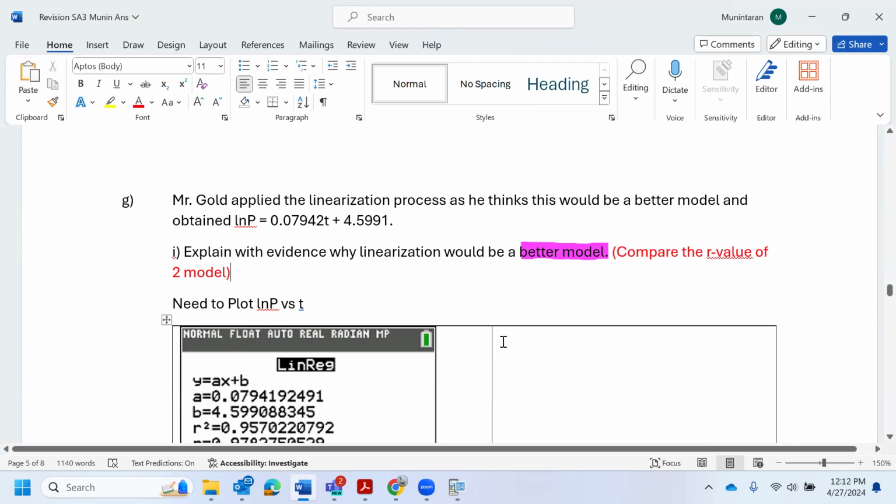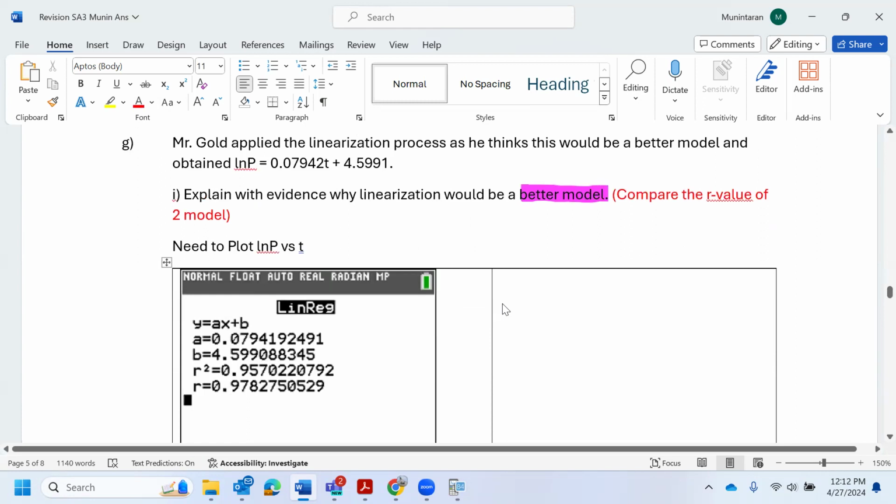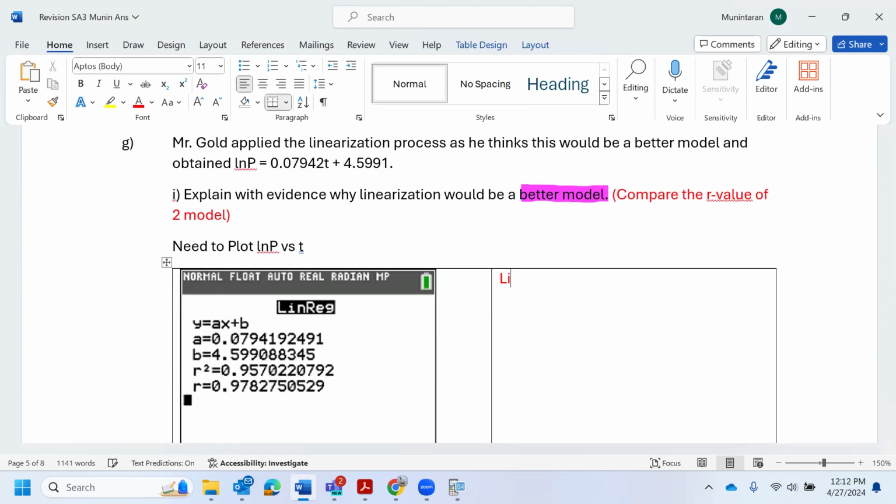So you probably can say your linear model just now, right? The linear model. Linear model or linear regression, it doesn't matter.